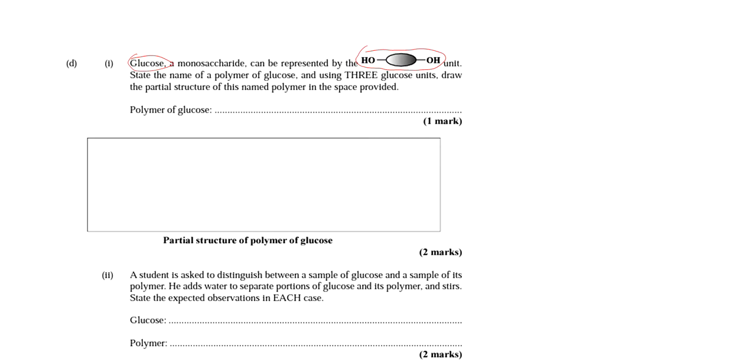So the name of the polymer is starch, and let us draw a partial structure.